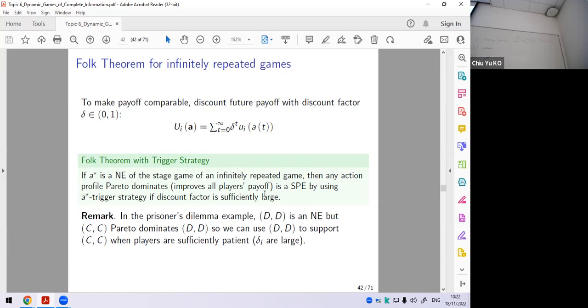To keep it simple, we just focus on this utility function, the payoff.